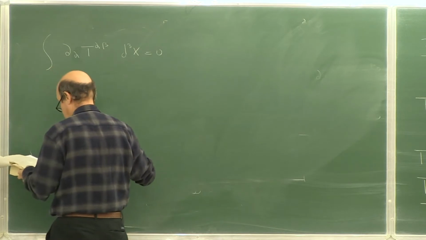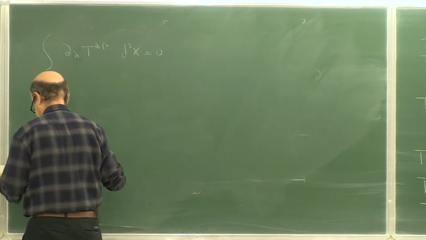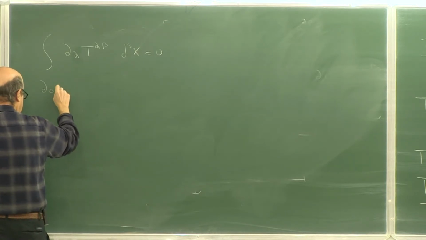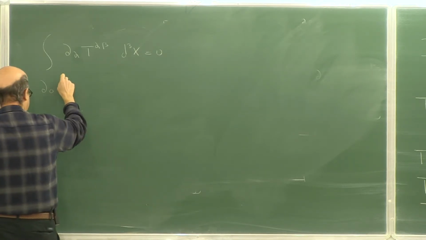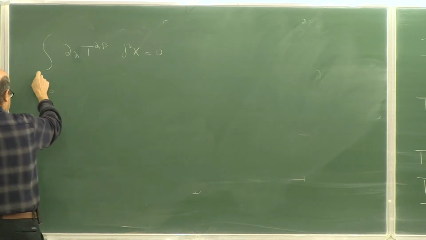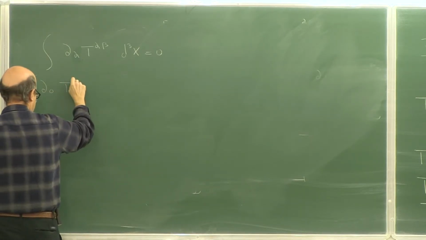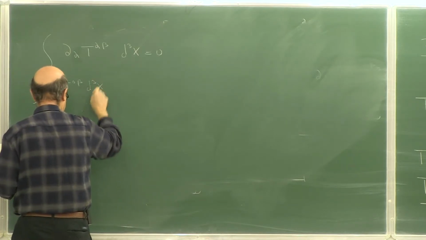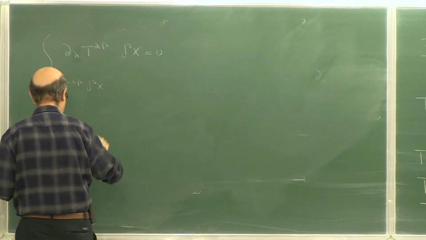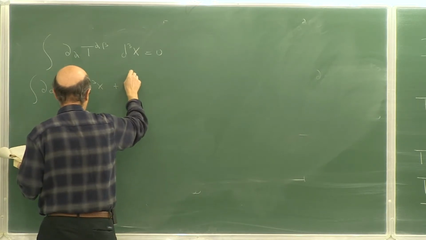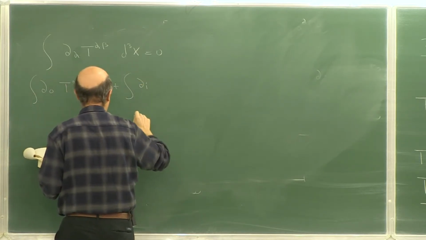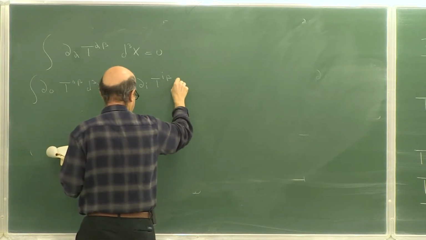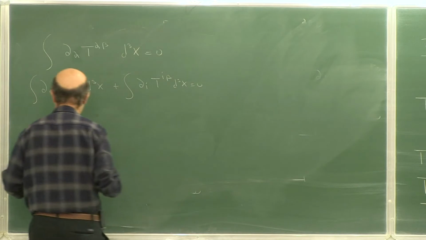This is equal to the integral of del 0 T0 beta d cube x plus the integral of del i T i beta d cube x. That should be equal to 0.